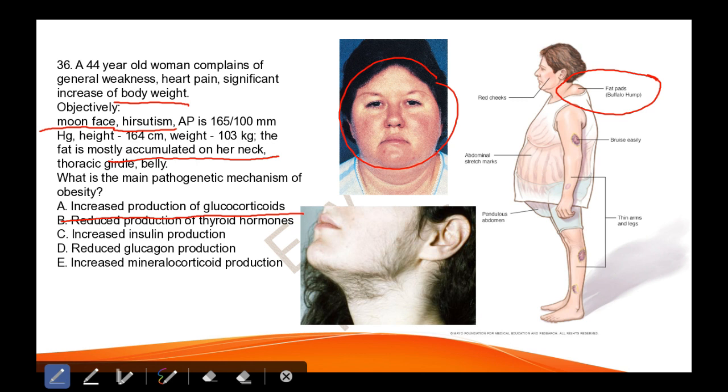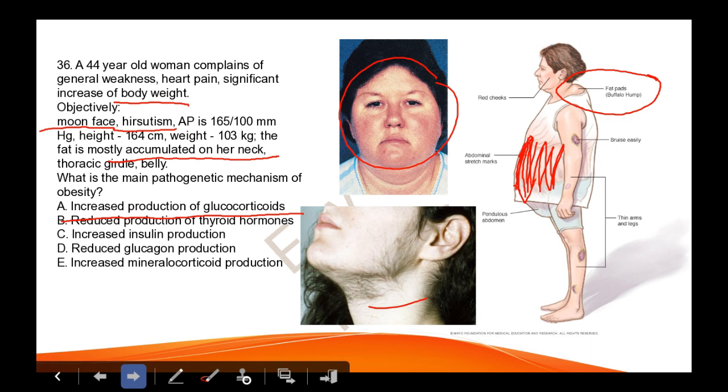That means the corticosteroids are being secreted in a high level within blood. So you can see here the stretch marks in the abdomen, the fat pads, and also the moon face and hirsutism are markers of Cushing syndrome, objectively.